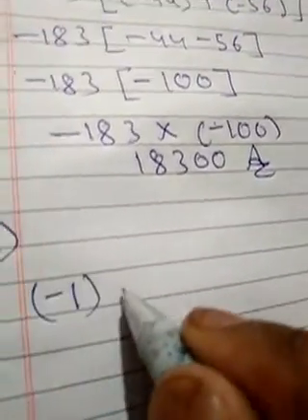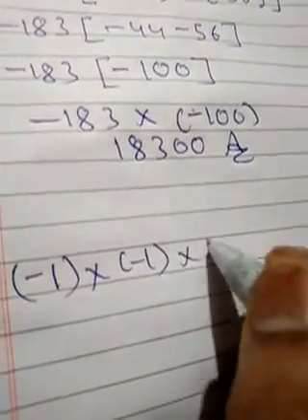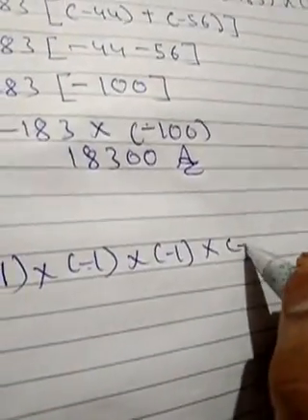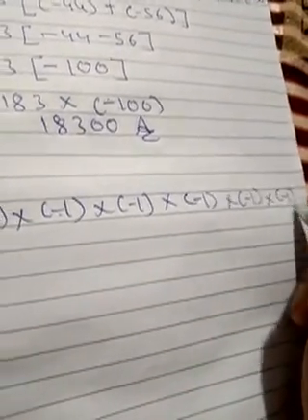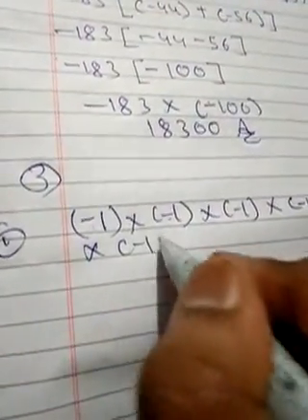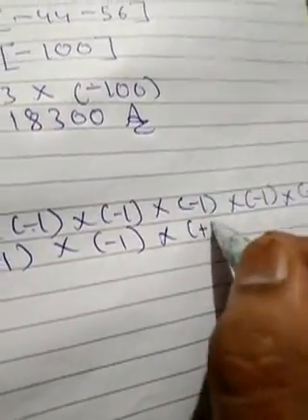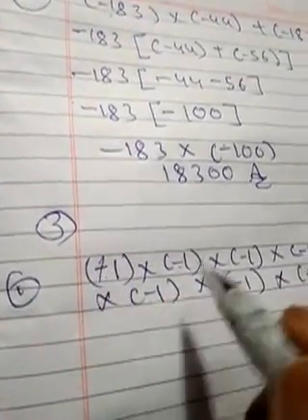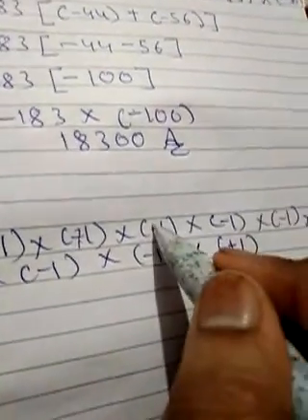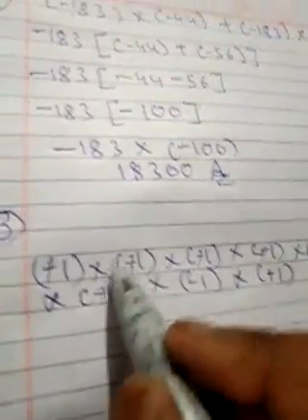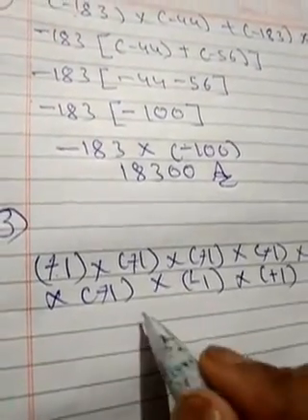When you multiply 8 negative integers, it means minus 1 into minus 1 into minus 1 into minus 1, 8 times: 1, 2, 3, 4, 5, 6, 7 and 8, and 1 positive integer, plus 1. Now this minus with this is cancelled out, this with this, this with this, which means all the minus signs are cancelled out.